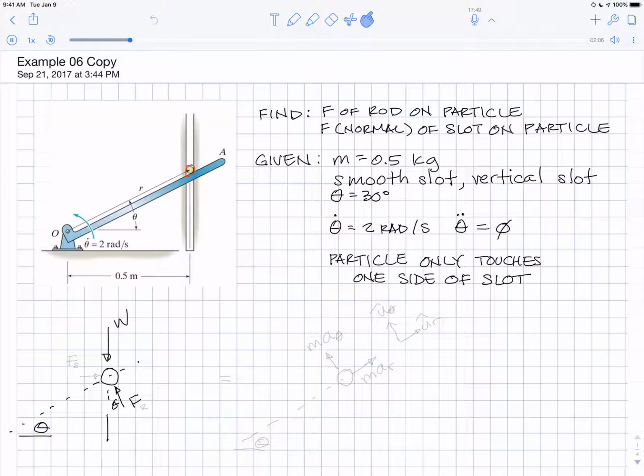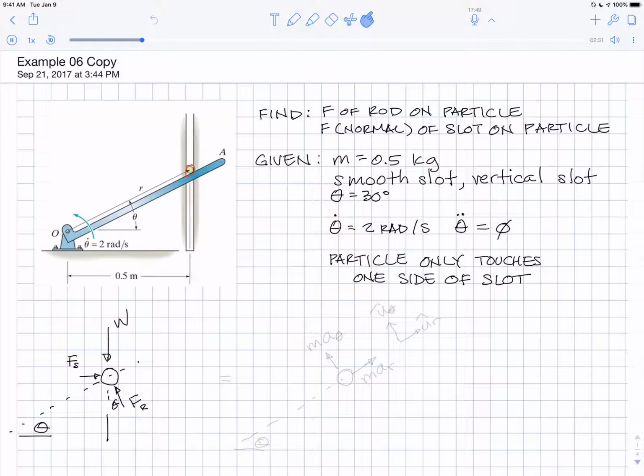So that's clearly going in the theta direction. Okay, so now this is where this little thing about only one side of the slot can be touching. So there is this force here of the slot, and we'll call that from the rod there. Now if both sides could be touching, we would have this extra force in here.